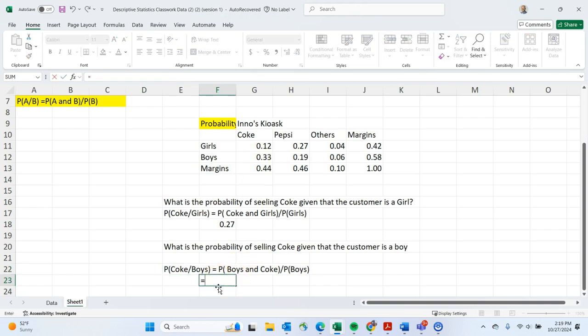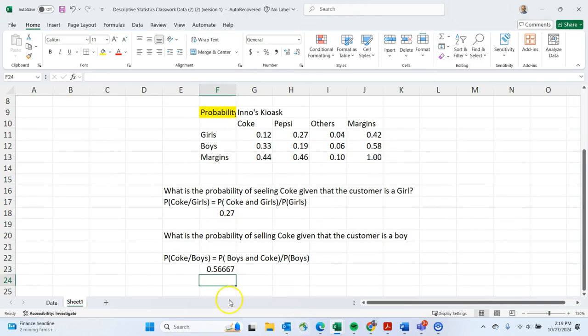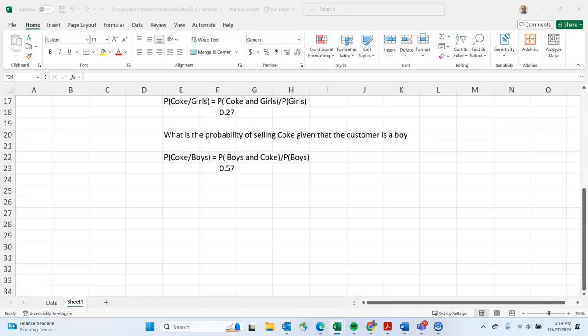So I'll put an equal sign and click on 0.33, and that will be divided by the probability of boys, which is 0.54. I click and enter, and so we have 0.757, meaning that there is a 57% chance that we will sell Coke given that the customer that comes in is a boy.